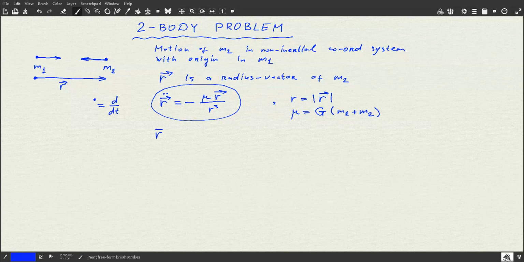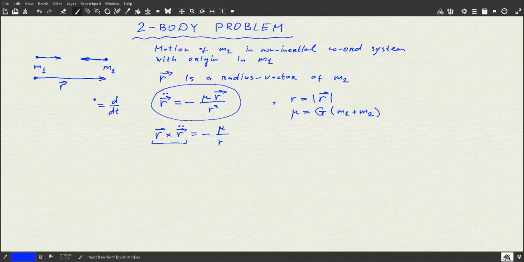So we get r times r double dot equals minus mu, making a vector, a cross product. We will also do a dot product later on, but for the moment we need a cross product.